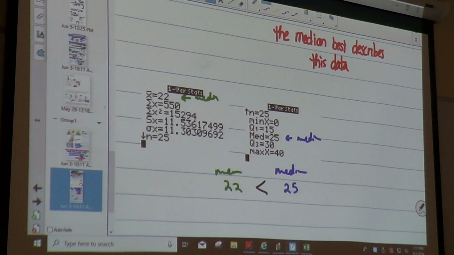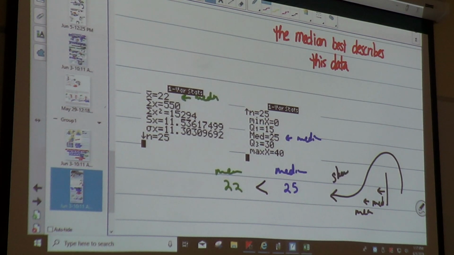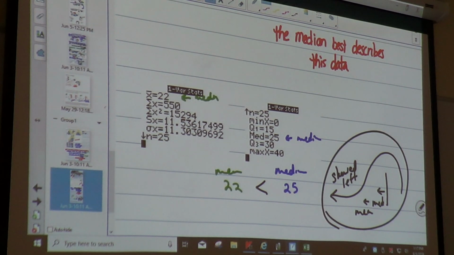So if our mode is here, and then that means our median and then our mean, what kind of skewness is it? Can't always go on looks. This one is skewed left based on the mean and the median.